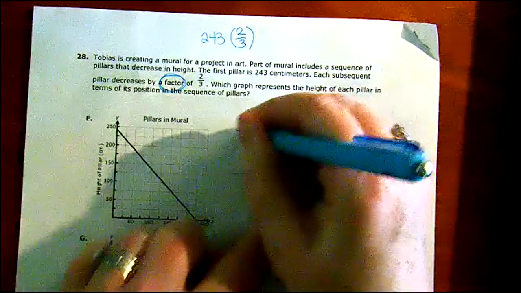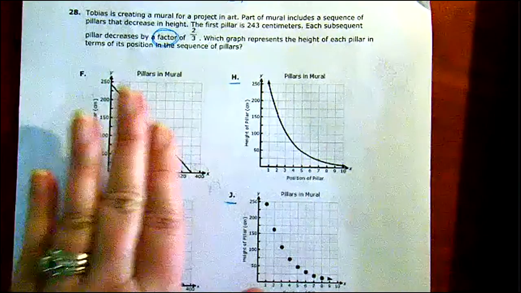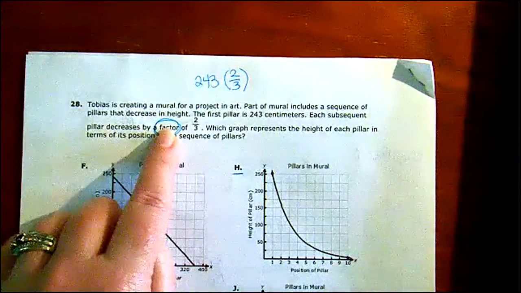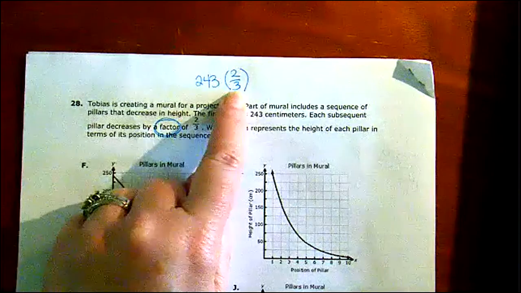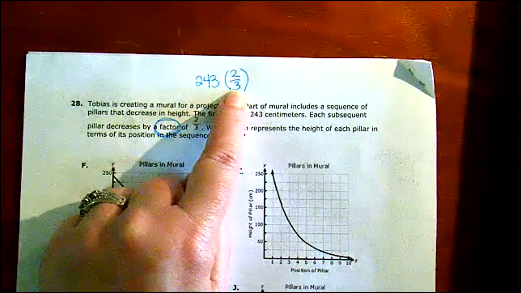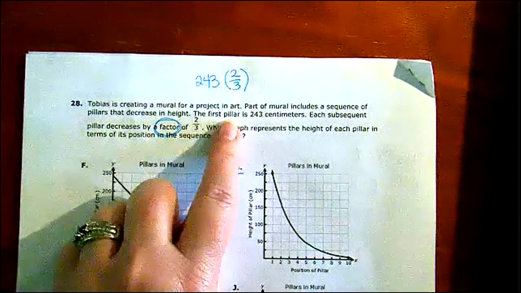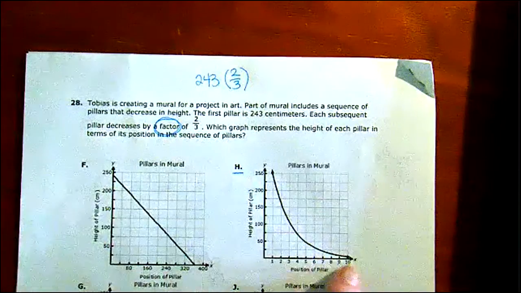And so it's either this one or this one. It's not linear because factor means multiply. Now it goes down because this number is less than 1. 2/3 is less than 1 whole. So factor tells me that it's being multiplied.